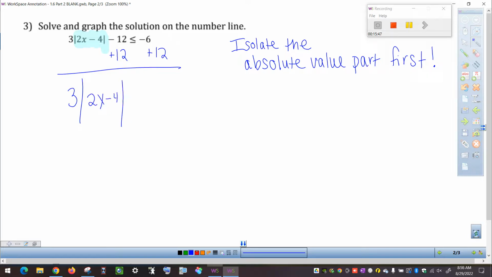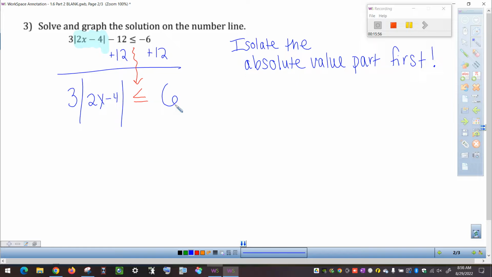And something that we just want to be really careful of is that when you bring this part down, you're writing the inequality symbol that's the same as whatever you started with. So it can be easy to accidentally turn it into an equal sign because of the equations that we've been solving, but we need to keep it as an inequality sign. All right, so we're doing that first.